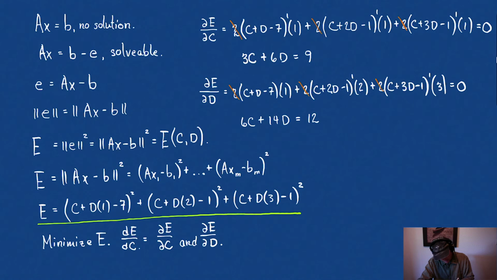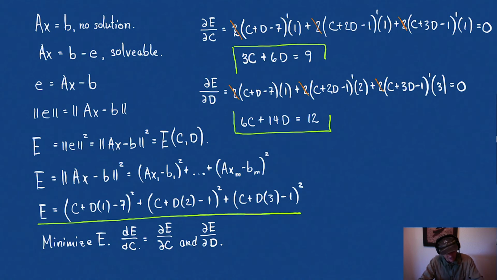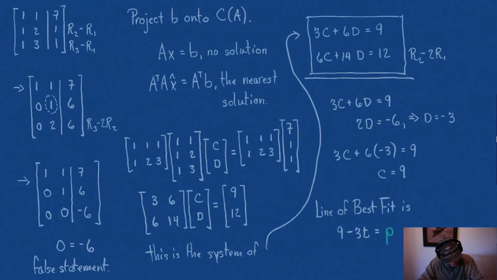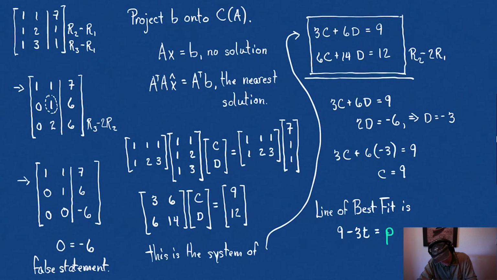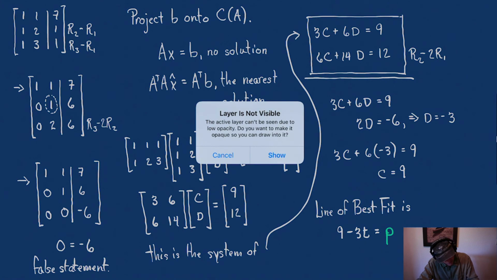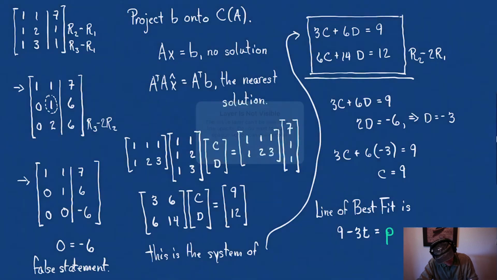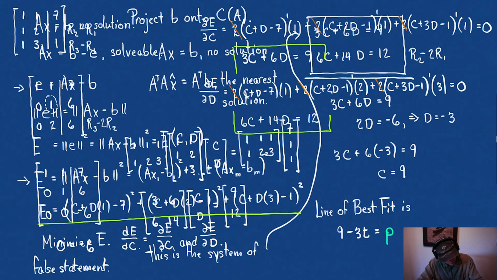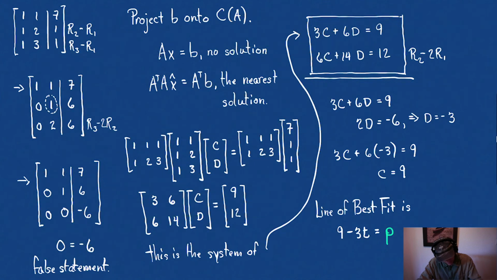Look at this. Look at what I have, right there and right there. Those are the exact same equations that we found right there. There is no coincidence. Oops, sorry about that. My layers kind of messed up.